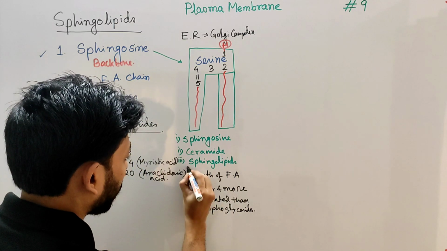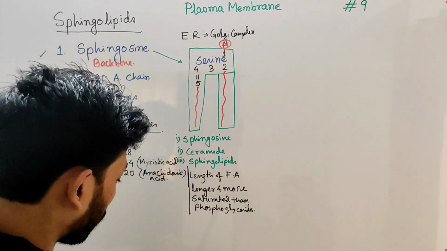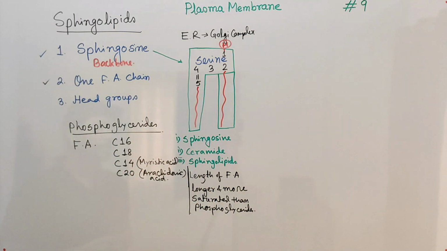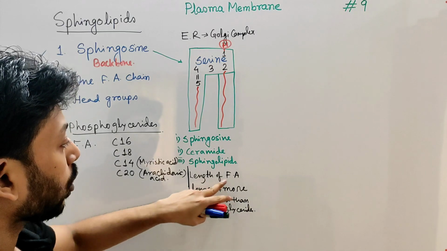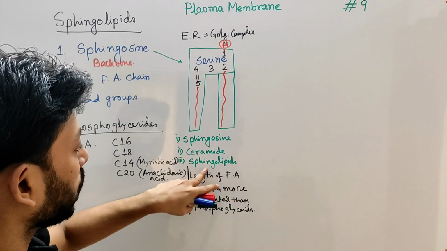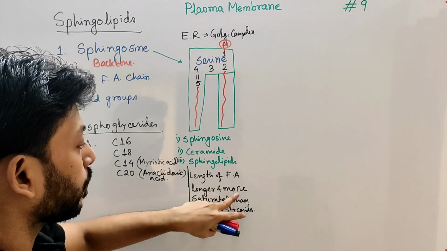Remember this. This is very important information. Why am I telling you so? The length of the fatty acids in case of sphingolipids is longer and more saturated.